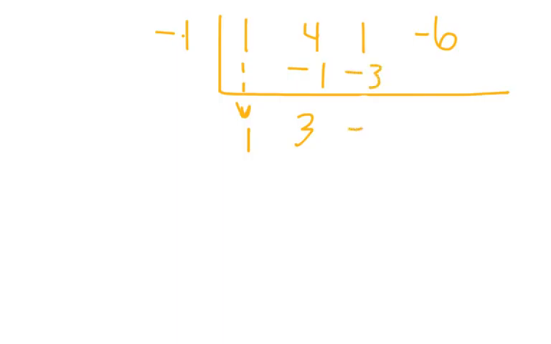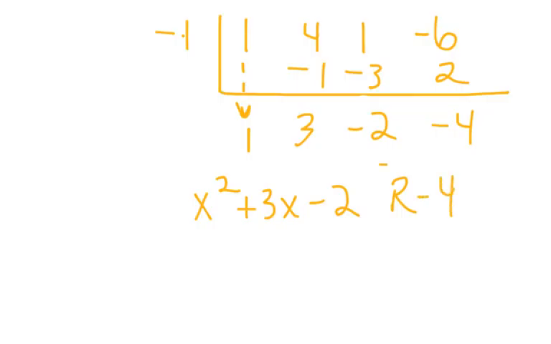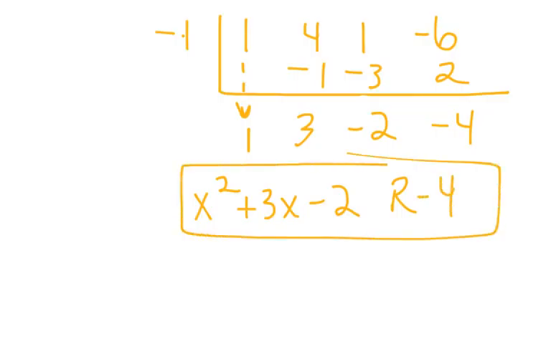We add those together to get a negative 2. Negative 2 times a negative 1 is a positive 2. We add those together to get negative 4. Now let's write our quadratic. We have x squared plus a 3x minus 2, and that's a remainder of negative 4. There's our solution.